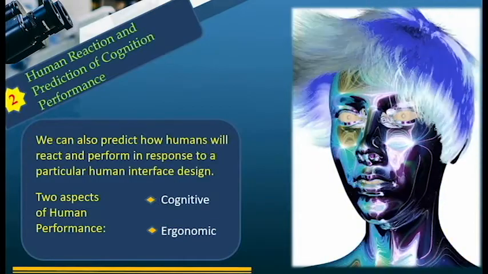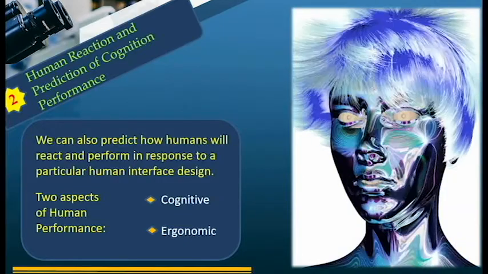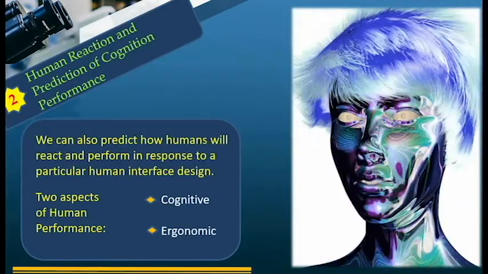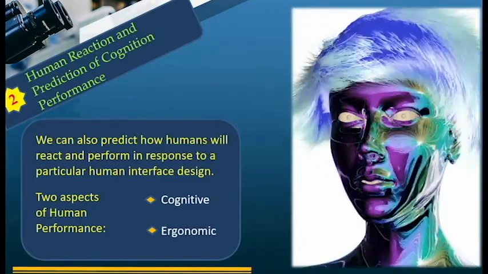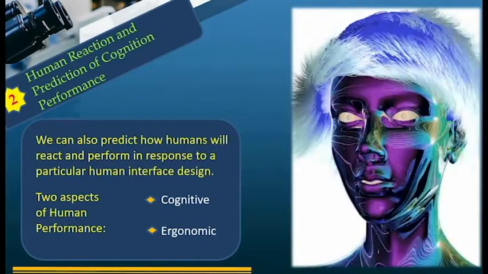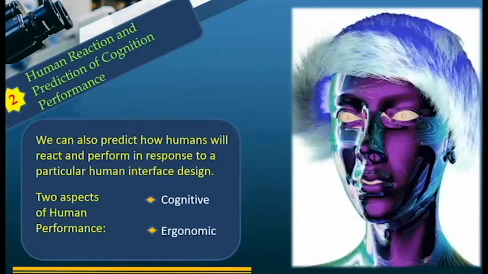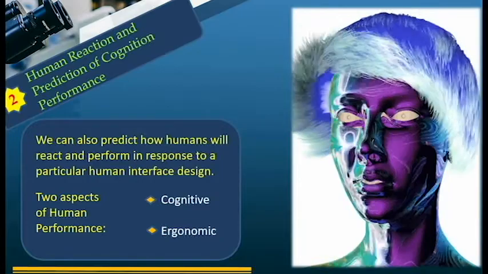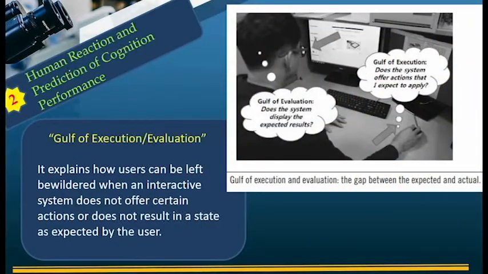So, human reaction and prediction of cognition performance. We can also predict how humans will react and perform in response to a particular human interface design. So we can predict how humans react to a certain design. There are two aspects of this: the cognitive and the ergonomic. So what is the goal of execution or evaluation?